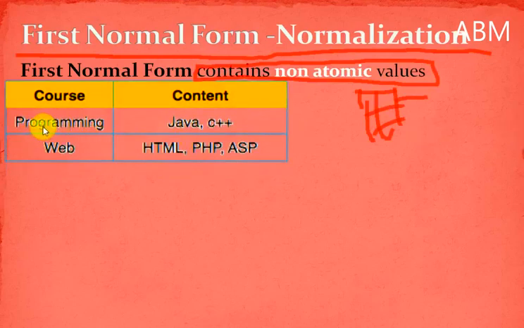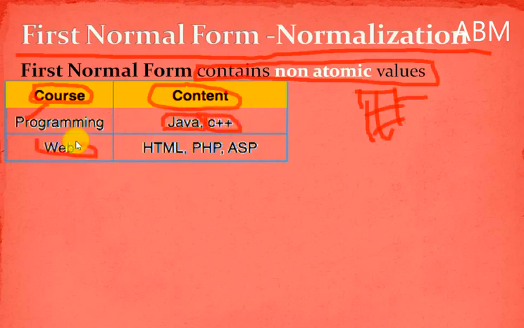As you can see, the course is an attribute, the content is also an attribute, then you can say that in programming, the contents contain more than one value. It contains Java, it contains C++, and also in the web you can see that it contains HTML, it contains PHP, and also ASP.